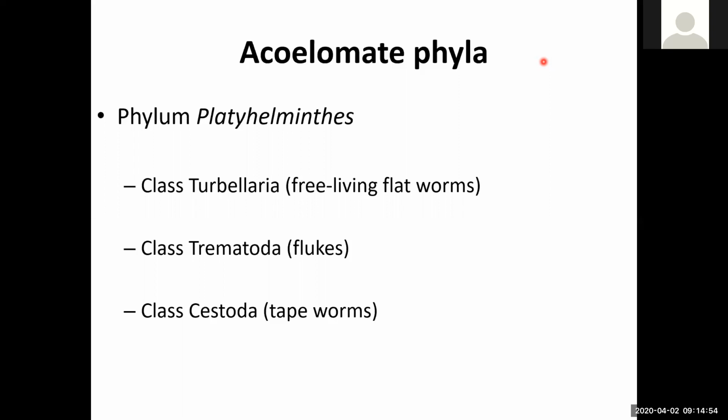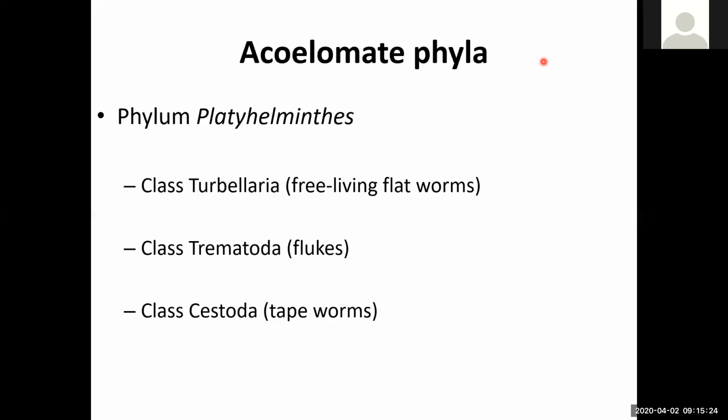And we'll talk about what a coelom means in a little bit. There are three classes that we're going to talk about. Turbellaria, which is the only one that has free living organisms, and that means living outside of a host. Trematoda, which is by and large a parasite class, where we have liver flukes and other interesting creepy crawlies that live inside of us and other animals.